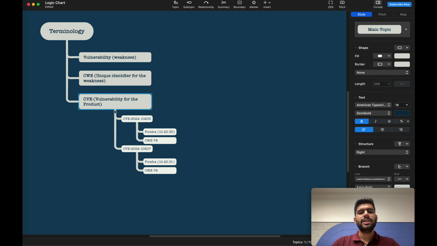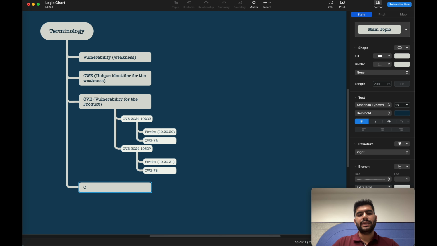Now, after CVE, we have the CVSS, which explains the impact of that particular weakness. And to calculate the CVSS score, the CIA triad is a major factor.